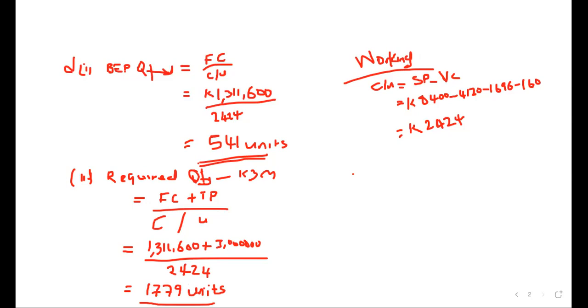We have made some increments, we have made some reductions in the variables. No wonder these figures are also affected. But the profit, since we have the same target of 3 million, is not going to change. So that's how these changes can affect the break-even point units, as well as the required quantity to make a target profit.